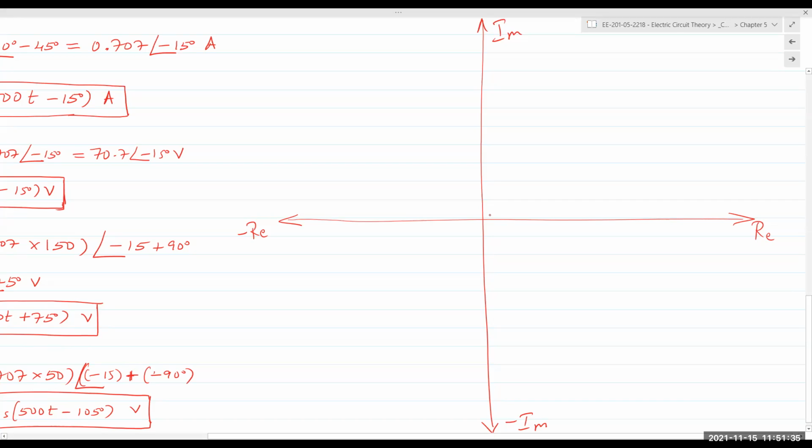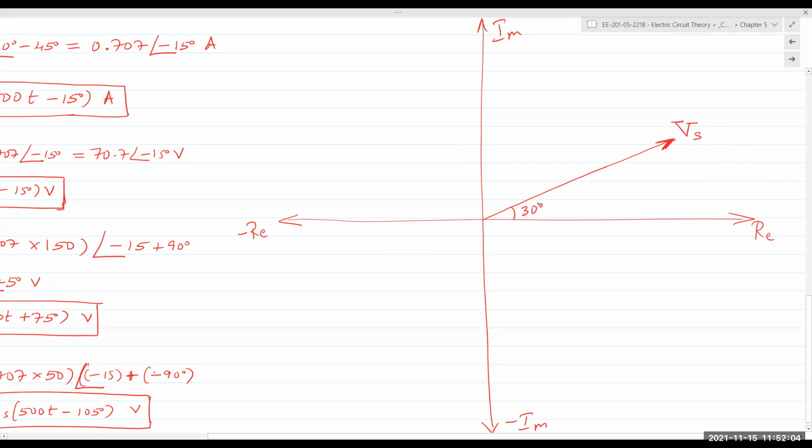Plus 30 would be, let's say, somewhere here. Actually, that's more like 40 rather than 30. But let's say maybe here. And again, this is not to scale. This is VS. This is 30 degrees.